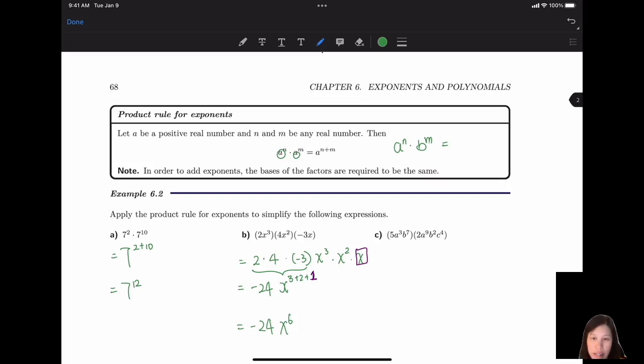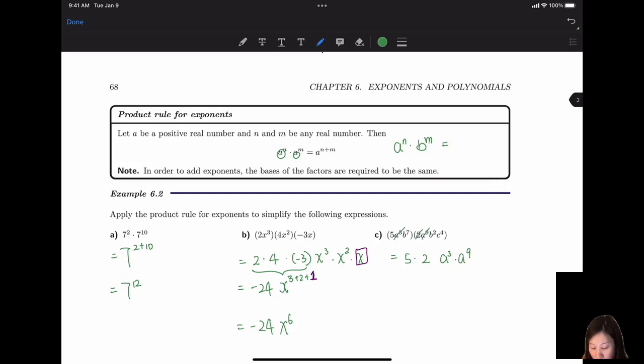Okay, so the next one is the same, even though they have two variables. By the commutative property, we can regroup them, group together the same variables. Basically, it's similar to merging like terms. So 5 times 2, a to the 3rd power and then a to the 9th power.